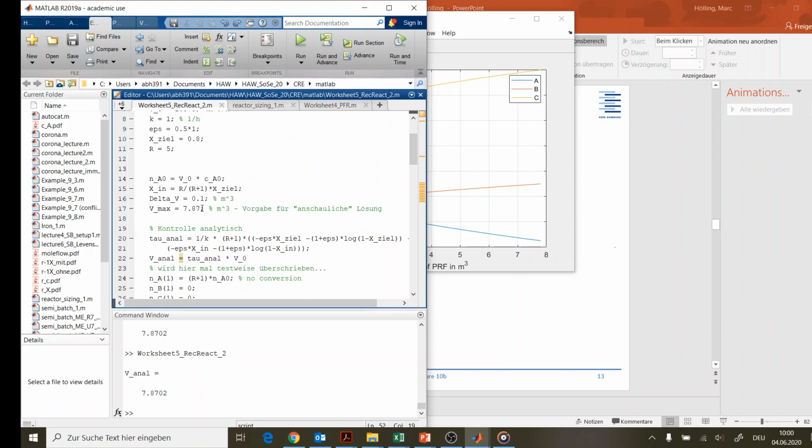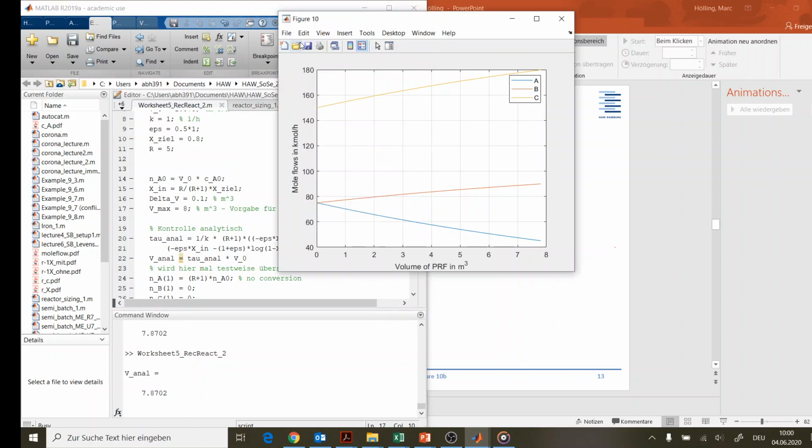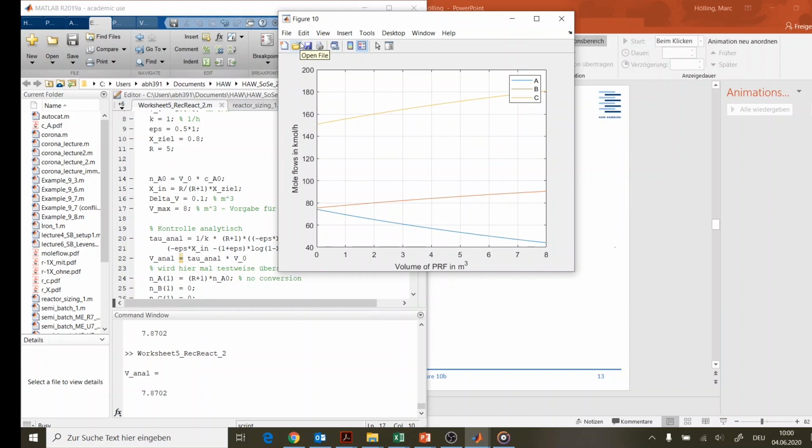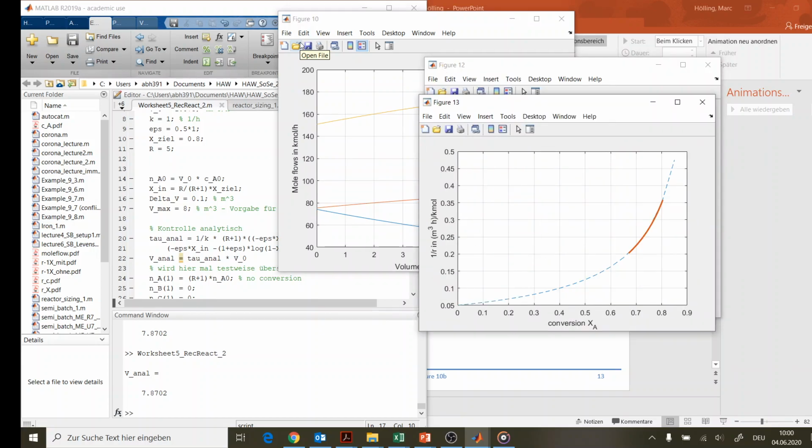So, and how can you find the right conversion of 80%? Maybe you can first start with the volume of your reactor with 8 cubic meters. And then you will have a conversion of a little bit more than 80%.